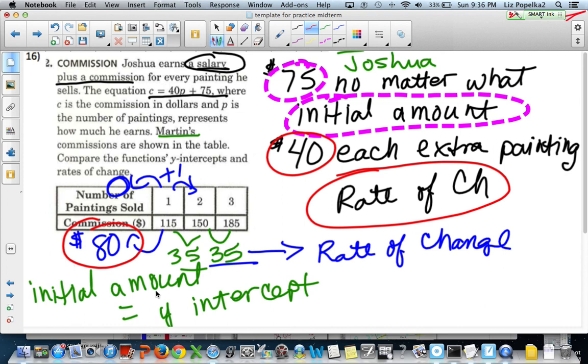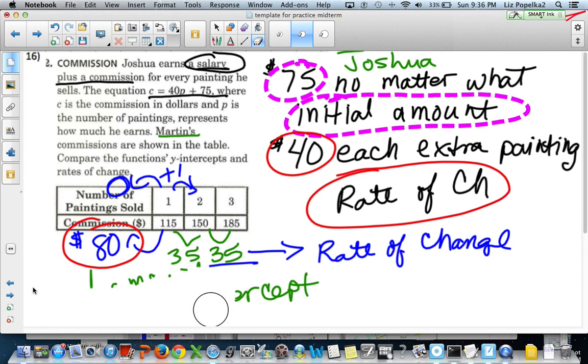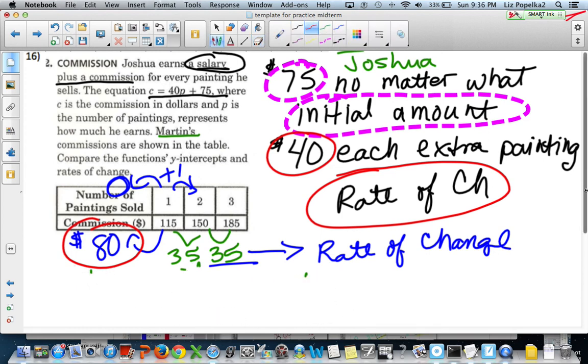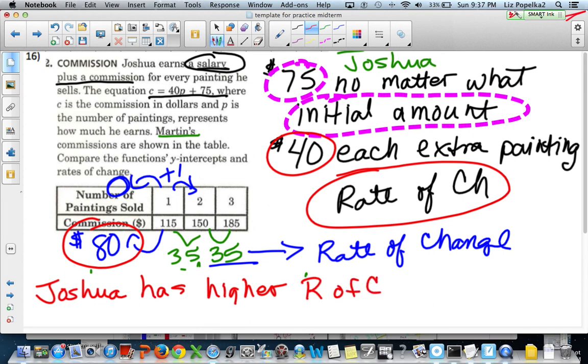We know that an initial amount is the same thing as your Y-intercept. So since the question is asking us to compare the two, that means that Joshua has a higher rate of change, because Joshua's rate of change is 40, whereas Martin's rate of change is only 35.